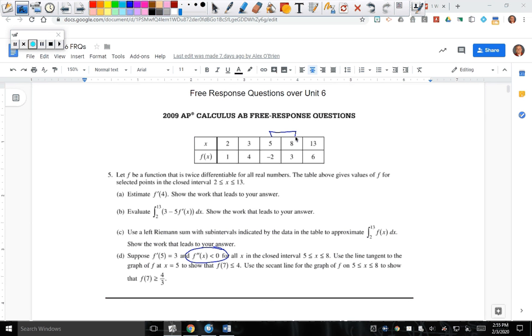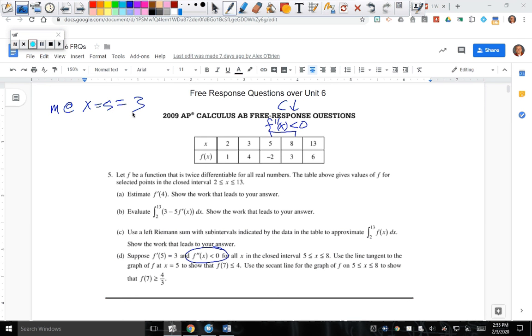So in there, the second derivative is negative. Otherwise, you could say it's concave down on that interval per se. Okay? And f prime at 5 is equal to 3. So you could say the slope at x equals 5 is 3.